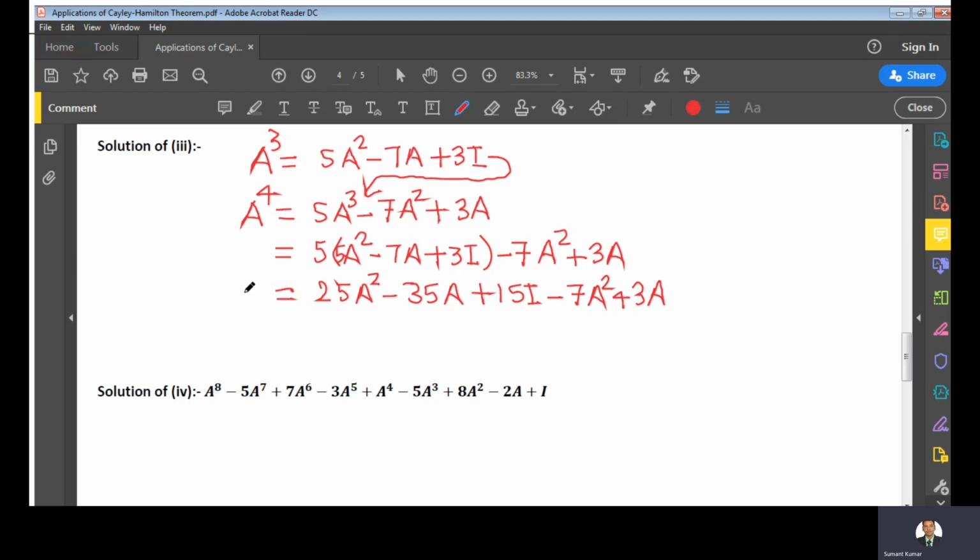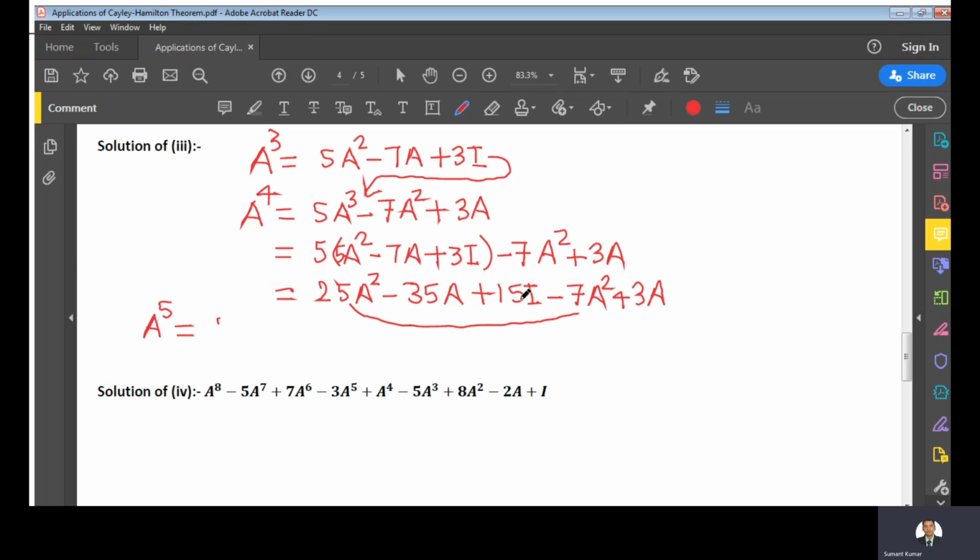Now your purpose is what? To find A raised to the power 5. So again you will multiply this expression by A. So the left hand side will become A raised to the power 5, and on the right hand side you will get what?